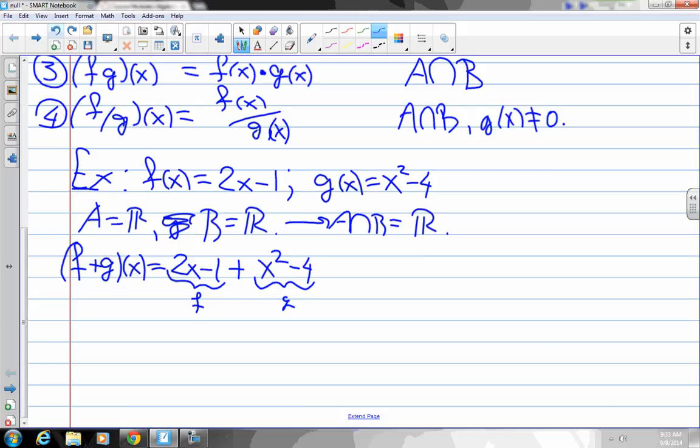Can I simplify this? Can I combine any terms in there? Yeah, so it will be x squared plus 2x minus 5, right? So that's that new function. Domain of that function will be real numbers, set of all real numbers. Is that okay?